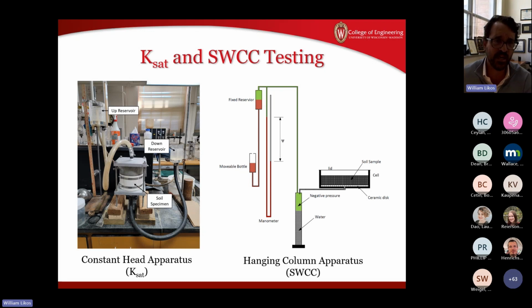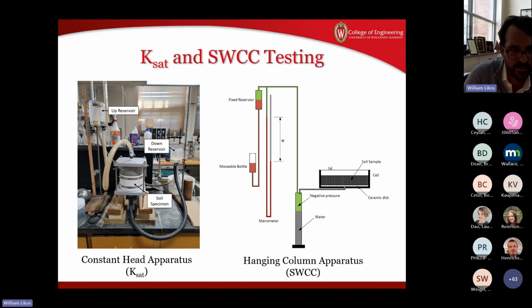This is a constant head apparatus, and so you'll see a reservoir there on the right and a reservoir on the left that we use to control the hydraulic gradient to flush water from bottom to top through the specimen, measure the outflow rate, and then calculate hydraulic conductivity.